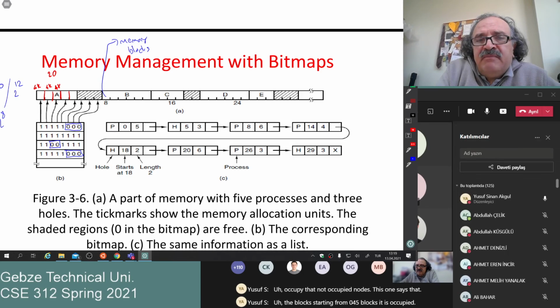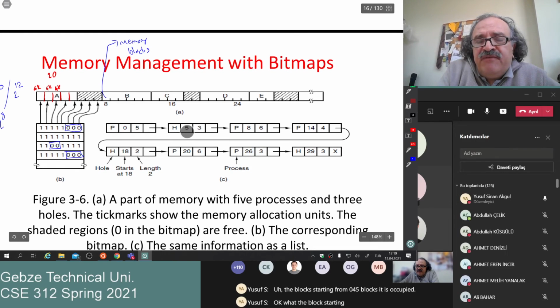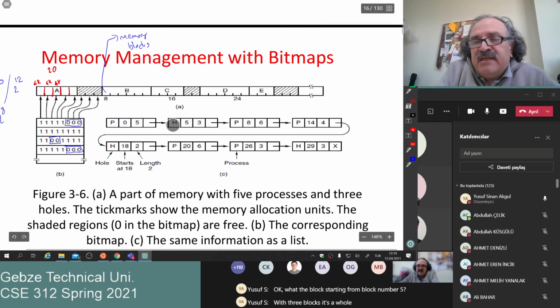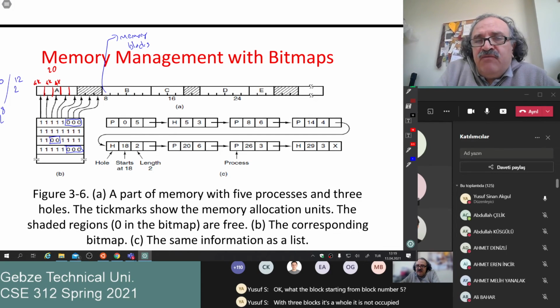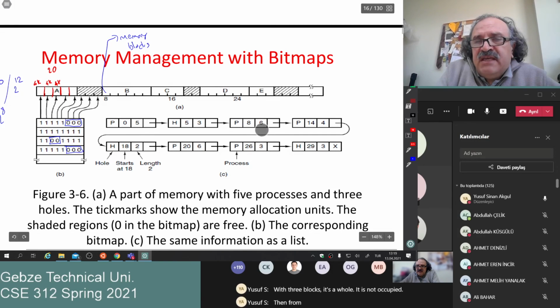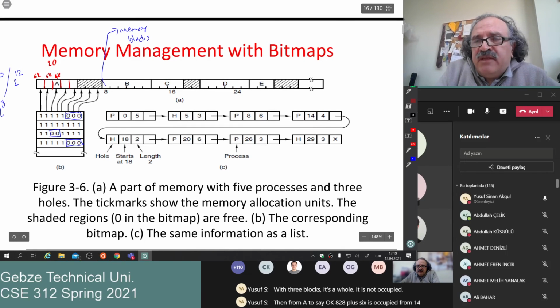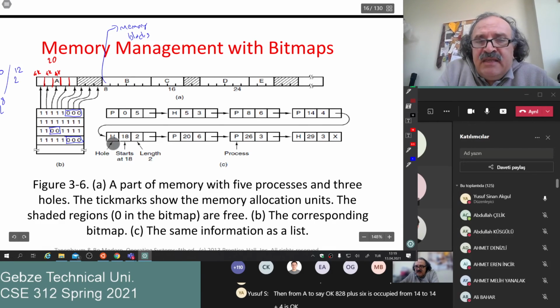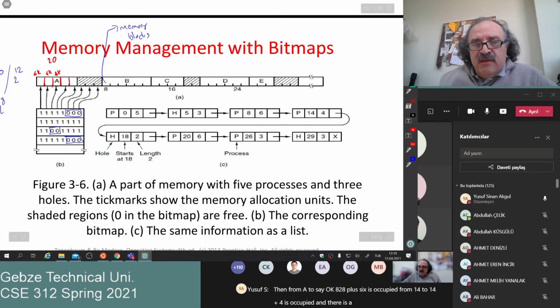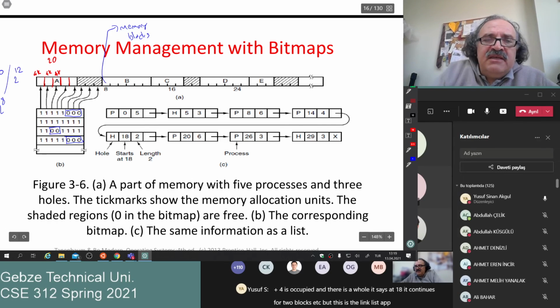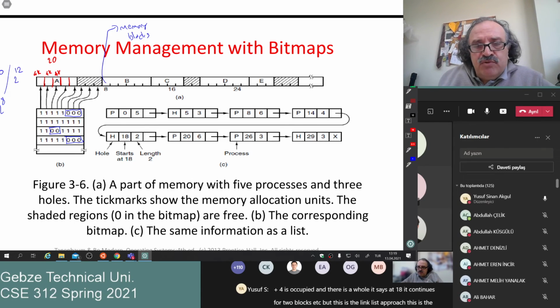Okay, but the block starting from block number 5 with 3 blocks is a hole, it is not occupied. Then from 8 to 8 plus 6 is occupied. From 14 to 14 plus 4 is occupied, and there is a hole, it starts at 18 and it continues for 2 blocks, etc. So this is the linked list approach, this is the bitmap approach.